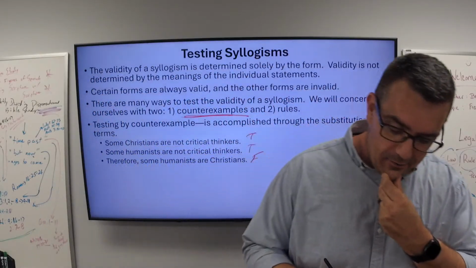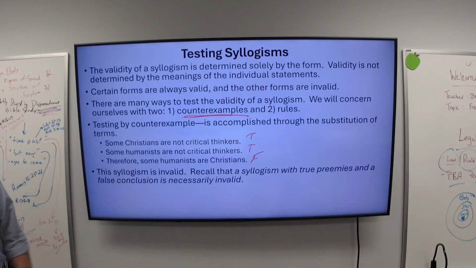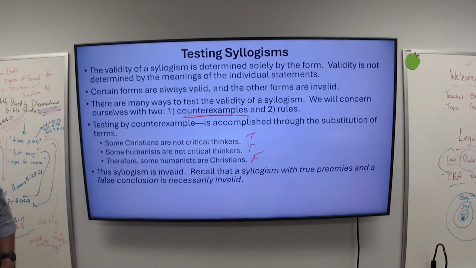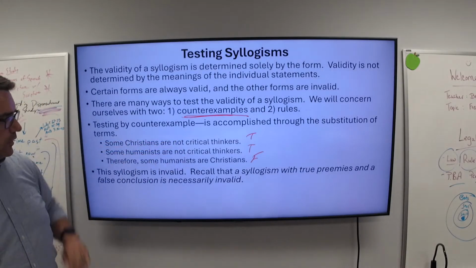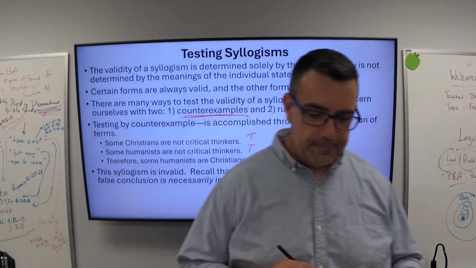Now, let's look at the evaluation here. This syllogism is invalid. Recall that a syllogism with true premises and a false conclusion is necessarily invalid. So, true premises, false conclusion, we're going to say this is invalid.